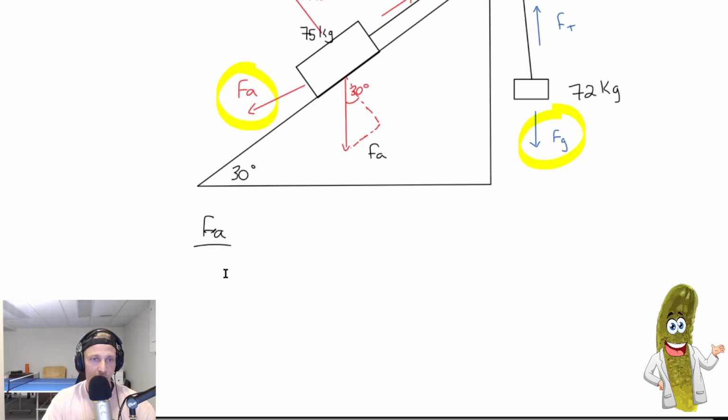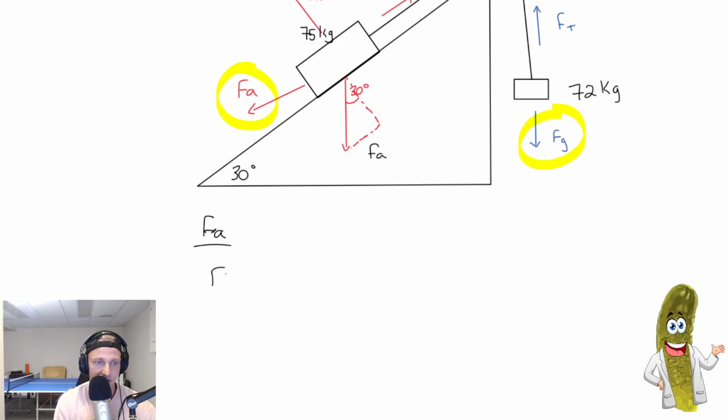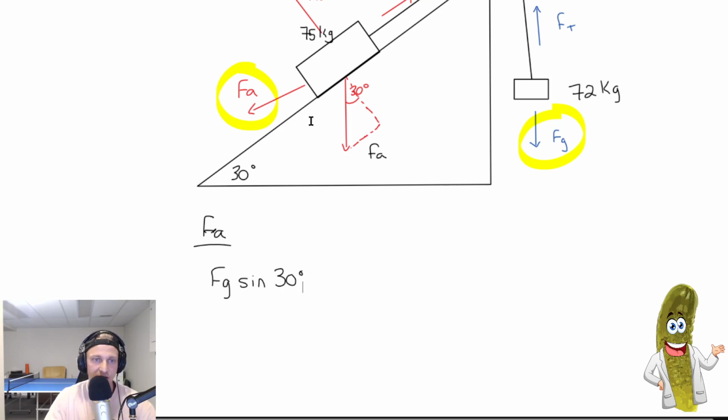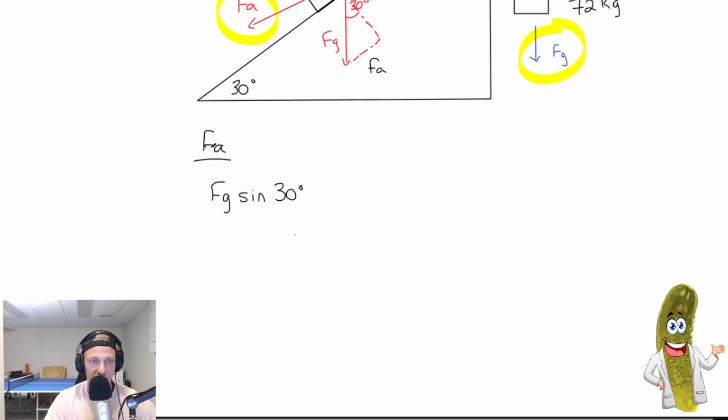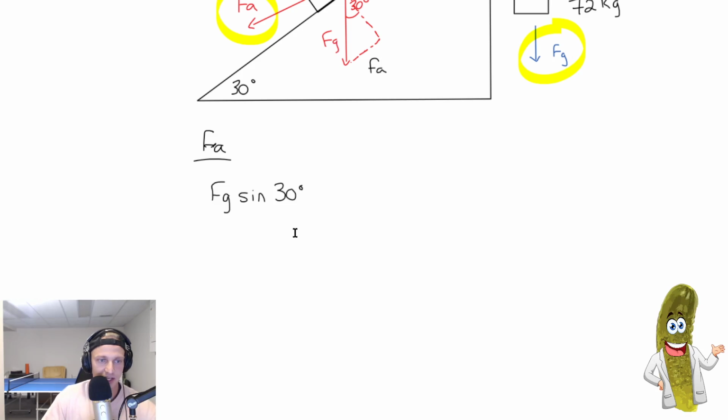So for our applied force, we have a 30-degree angle. What we need is Fg times sine of 30 degrees. Fg is the hypotenuse of this red triangle that I should have labeled, but I didn't. There's Fg, and Fa is opposite this 30-degree angle. So in terms of a calculation, it'll look like mg sine of 30 degrees.